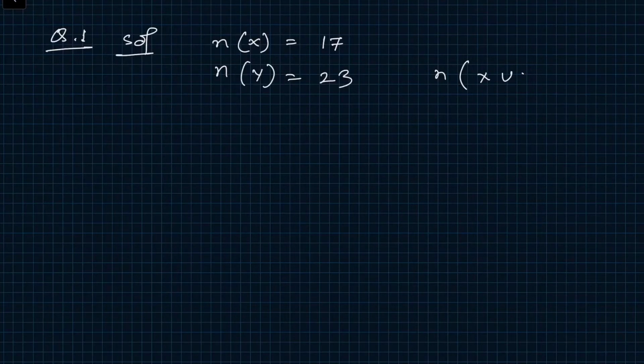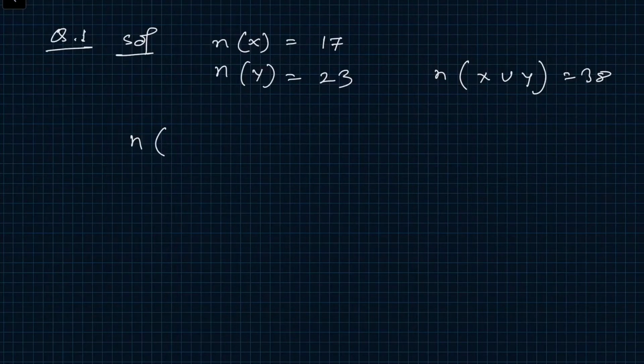In the first question it was given that number of elements in set X is 17, in Y it is 23, and in X union Y it was 38.